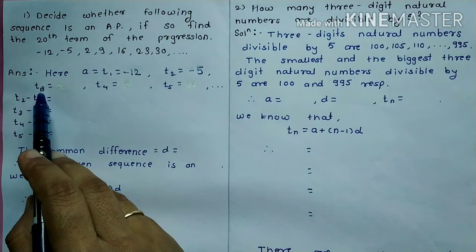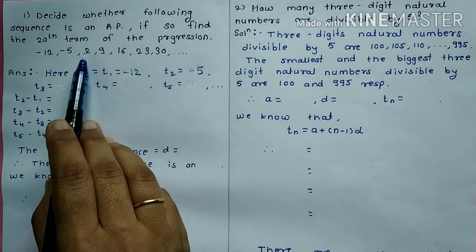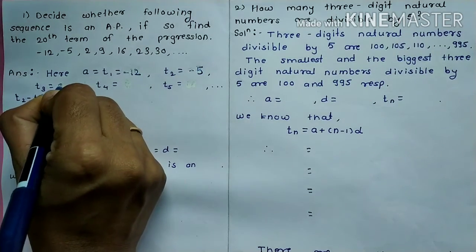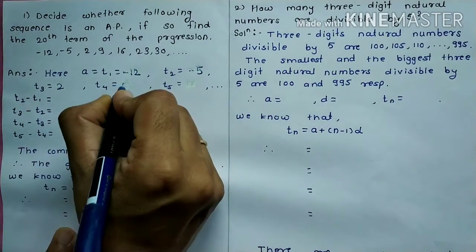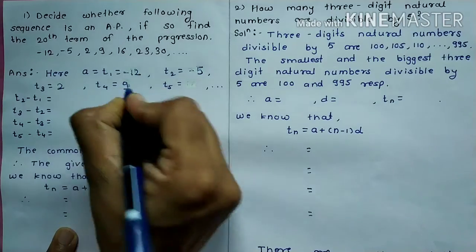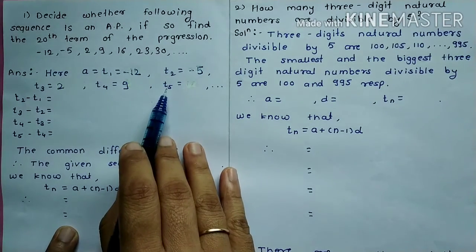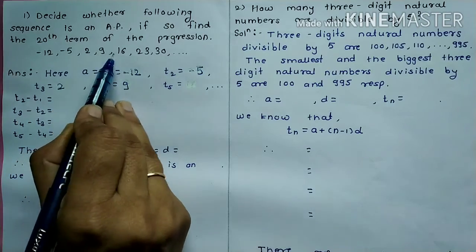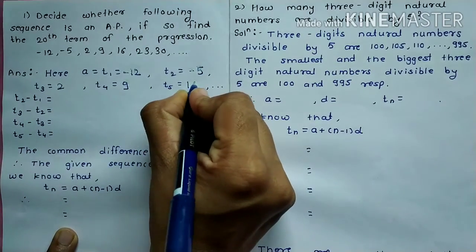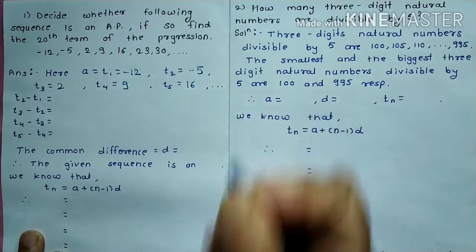T3 means third term. Here the third term is 2. T4 means fourth term. The fourth term is 9. T5 means fifth term, and the fifth term is 16, and so on.